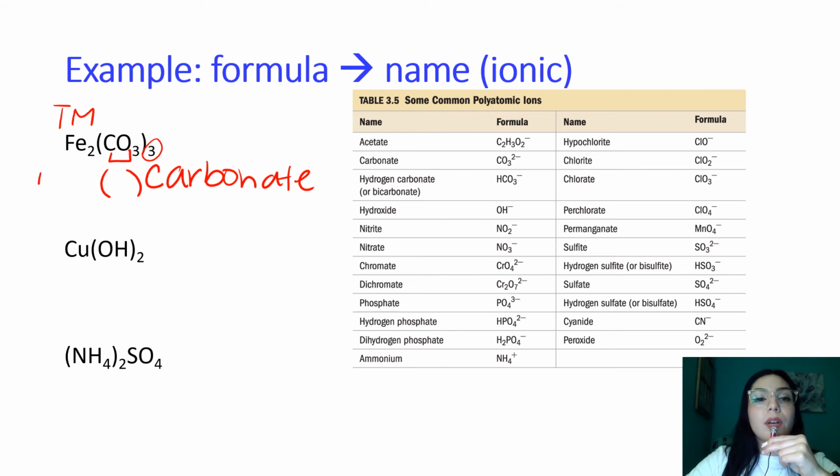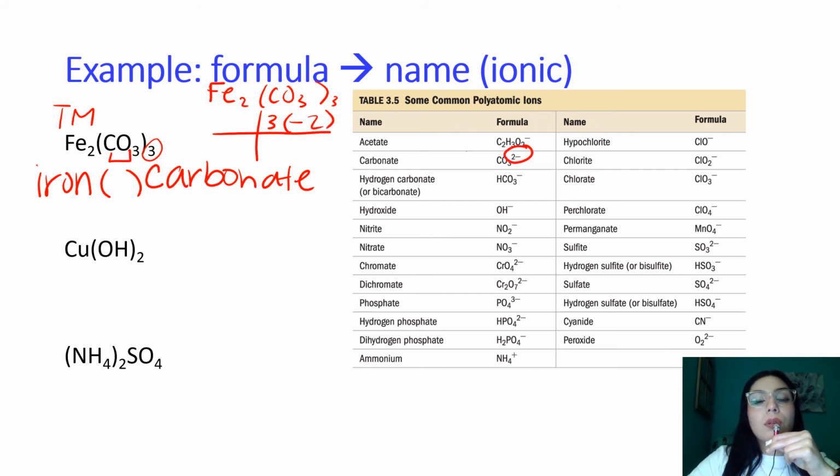So we already know that part of what we write out is going to have to be what the charge was. To figure out what the charge is, that's the tricky part. So we know that we have 2 irons, and then we have 3 carbonates. Each carbonate has a -2 charge. So total, this is a -6 being contributed by the carbonates. We know that when ionic compounds form, the positive and the negative cancel each other out.